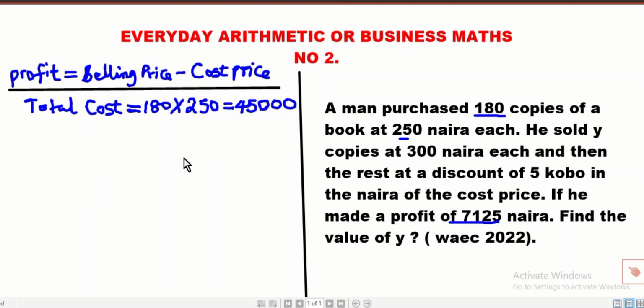Imagine that the naira is there. Okay, that is the total cost.